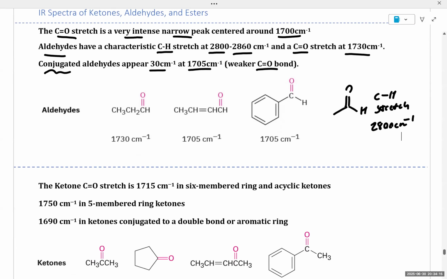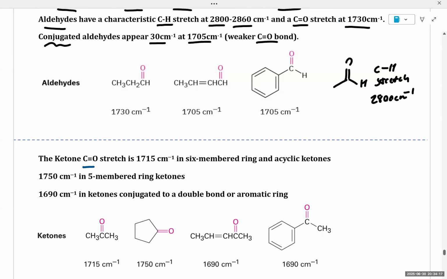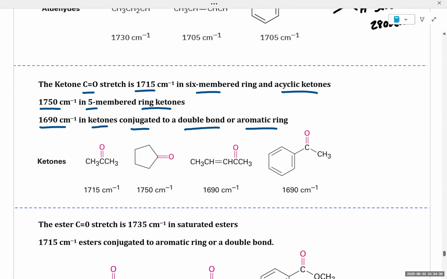The ketone CO stretch is at around 1715 in a six-membered ring and for acyclic ketones. It's around 1750 in five-membered ring ketones and 1690 for ketones that are conjugated to a double bond or an aromatic ring. So generally, whenever you have conjugation, just subtract 30 from the absorbance value.